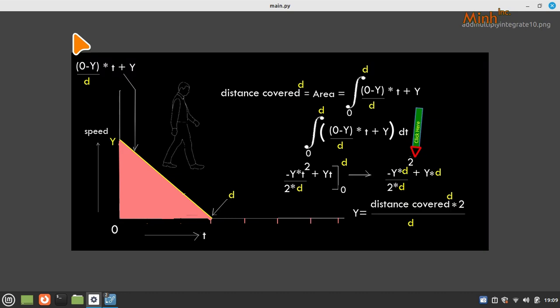So y, if I take it out, I hope this is correct. Okay, so y, the initial speed, is total distance covered by d if it is reaching in d.